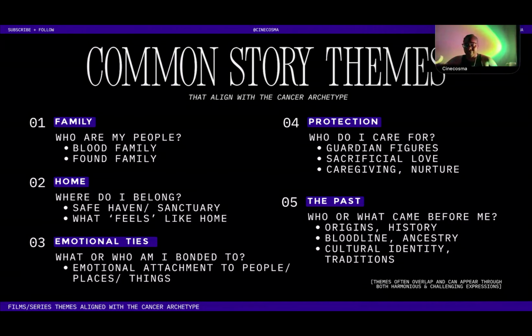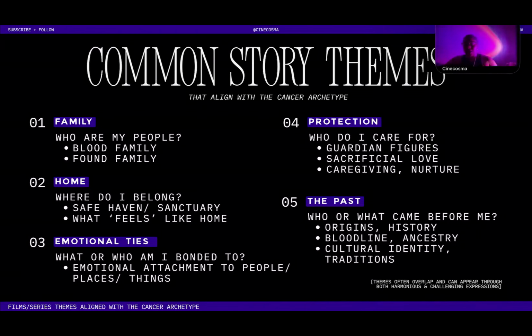I know I have them split into 5 different main themes, but the majority of the time, at least 2 are present in a story. So don't think that a story can only have one of these. Family and home tend to always go together in these stories. Family and protection always tend to go together. You naturally protect your family. It's just a natural reaction.